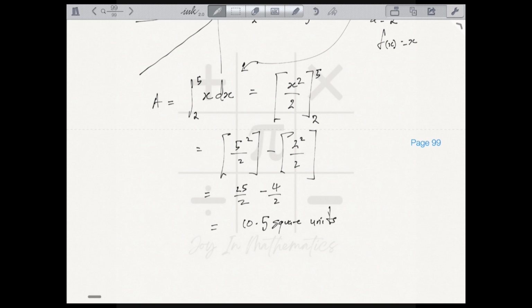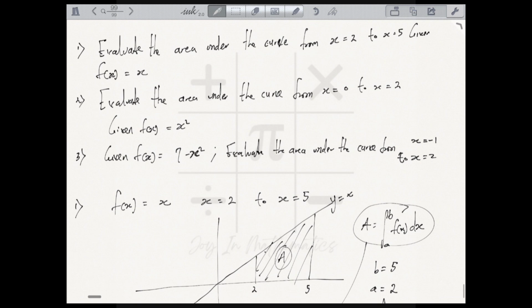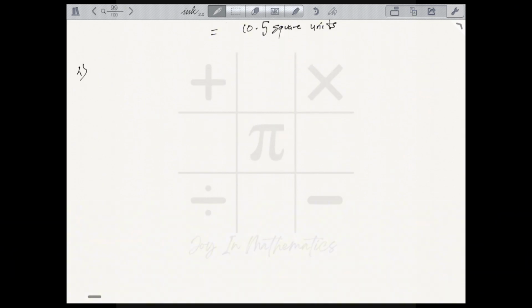Let's take another example. Evaluate the area under the curve from x equals 0 to x equals 2, given f of x equals x squared. This is number 2.